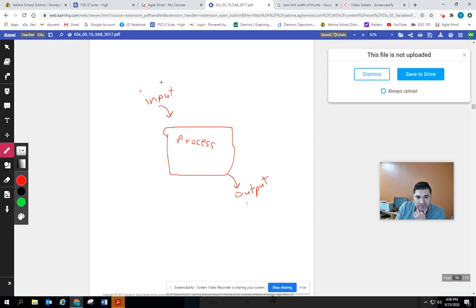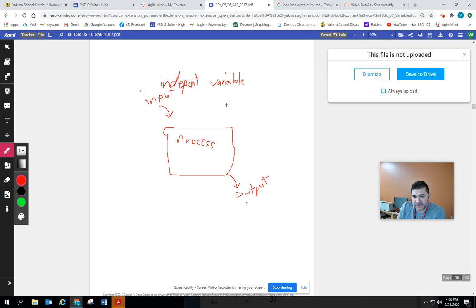Now up here is also the independent variable. So if this is independent, you put it in the process, into the function rule.